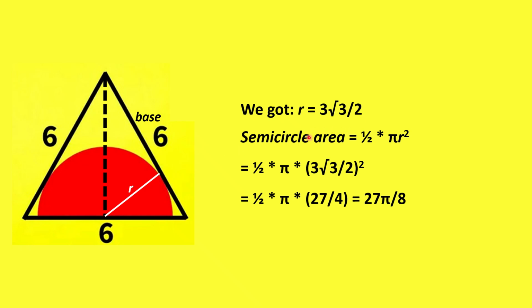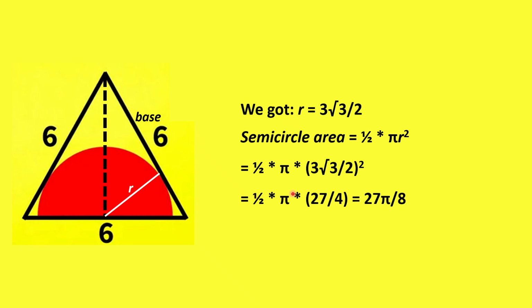Now semicircle area is given by half pi r square. Full circle is pi r square, semicircle half pi r square, half into pi, radius 3 root 3 by 2, radius square. 3 root 3 square would be 27, and denominator 2 square would be 4.